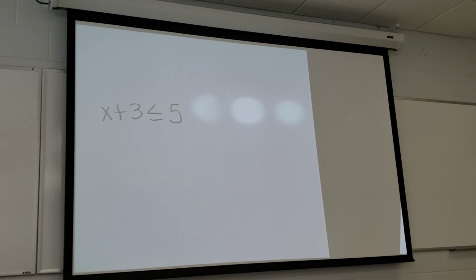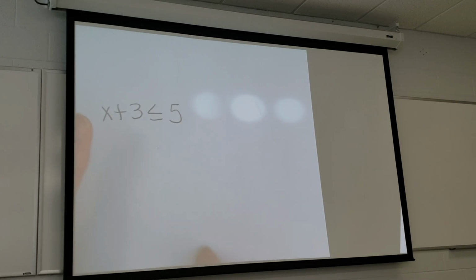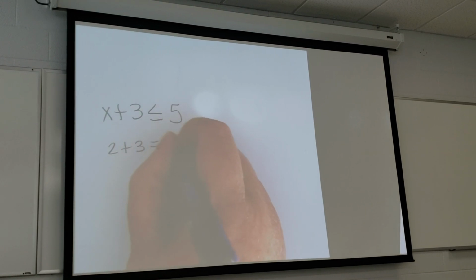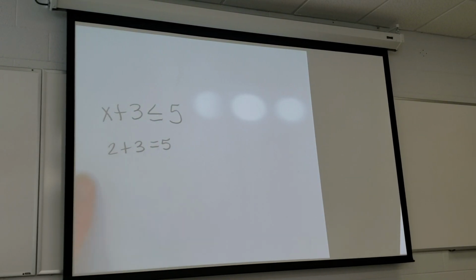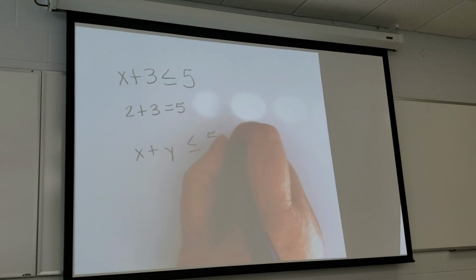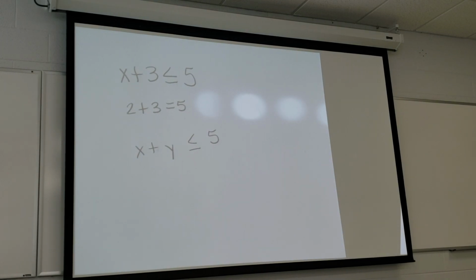2. So if x is 2, I've got an equation. I don't have an inequality. But I don't know necessarily what it's going to be, especially if I have x and y. If I knew x was 2, that's an equation, because 2 plus 3 equals 5, but if I have x plus y is less than or equal to 5, I don't know what x and y are, and then I need it to be an equation. So we come up with what's called a slack variable.